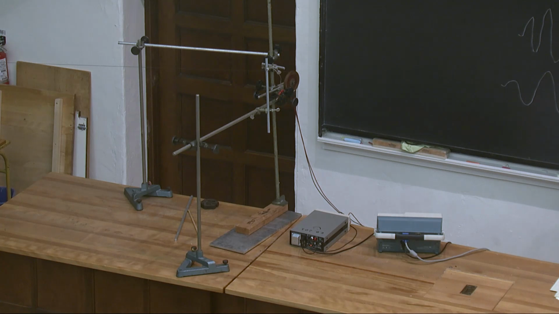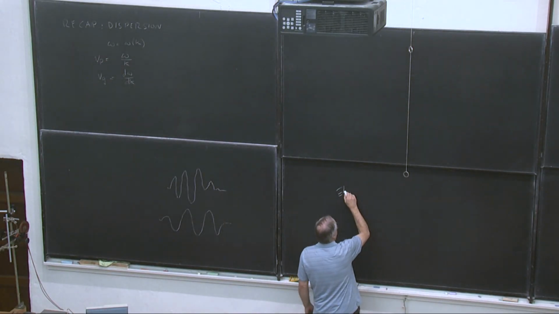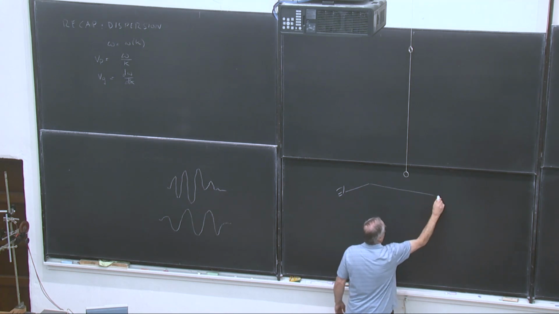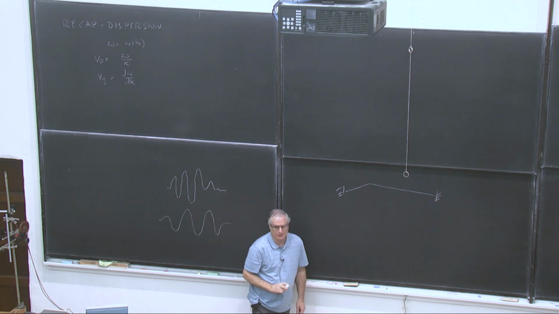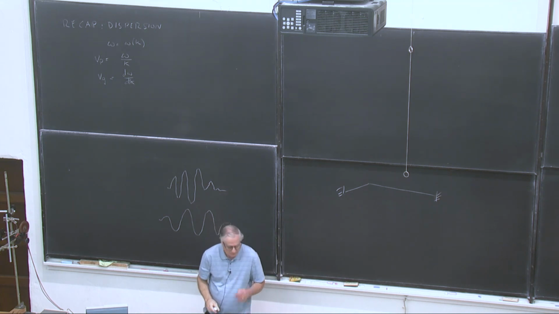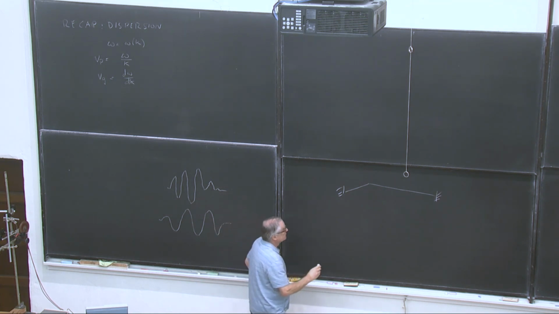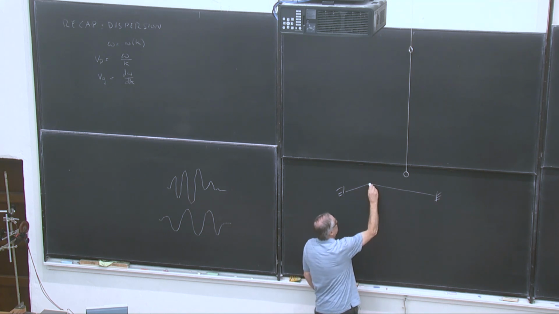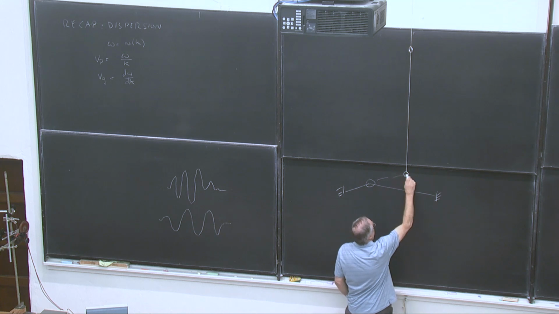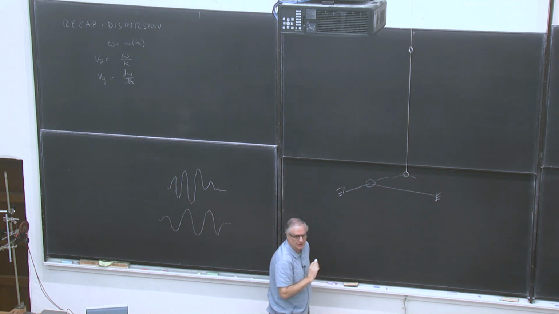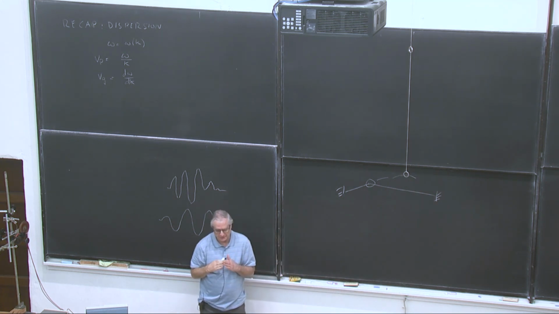So plucking the wire is like I'm taking a wire and giving it some initial condition like this. So in practice, of course, this isn't completely sharp. If I blow it up, it's something a little broader because I can't make a very sharp bend.